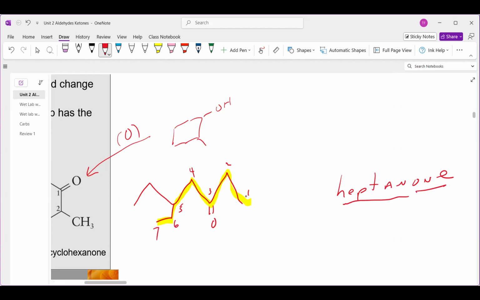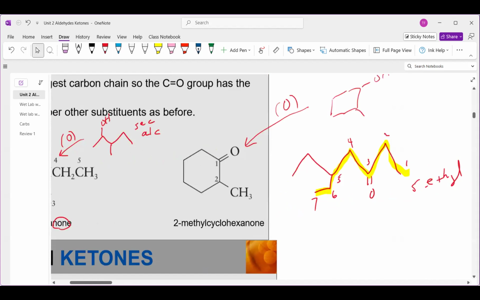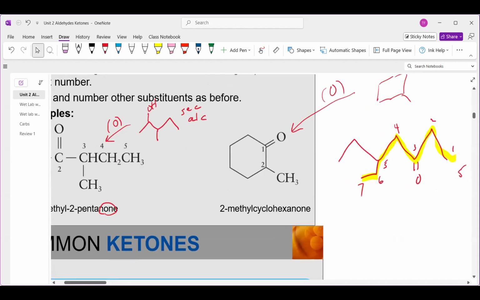Okay, so we've got a branch for number 5. So it's going to be 5 heptanone. Okay, so naming is pretty consistent from unit to unit. You know, carbon backbone first. It's the functional group name. And then we do any branching.